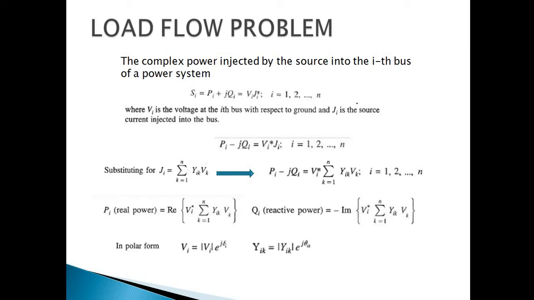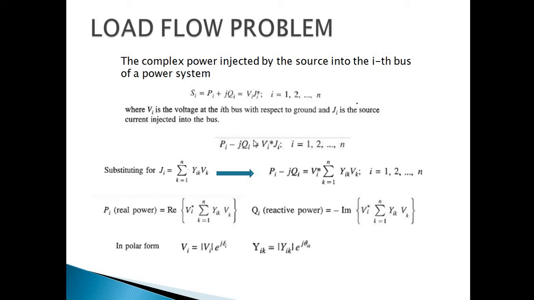Now you might ask, sir, why is it not V into J? Remember, V and J both here are complex numbers. If we multiply V into J, we will not get P plus jQ. I want you to try it.